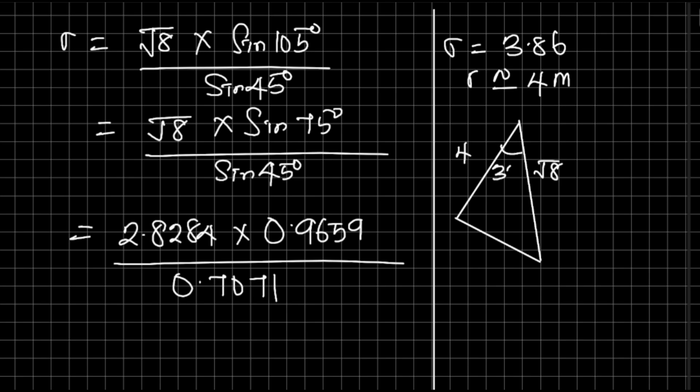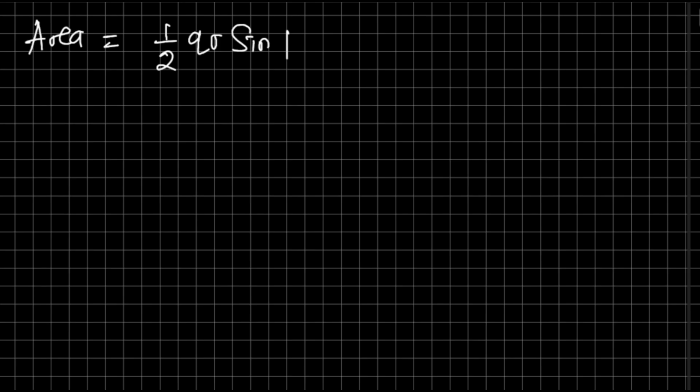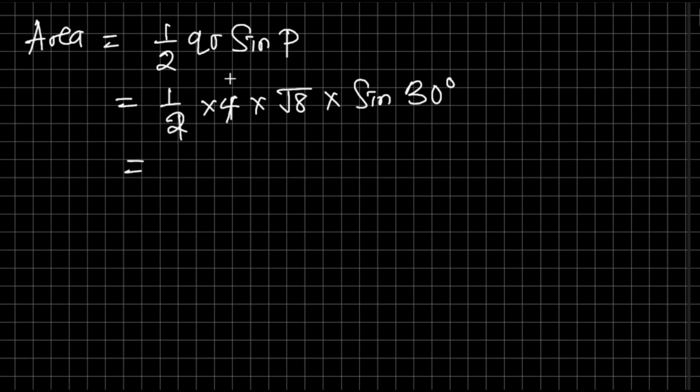We are going to use the included angle P. So the area of the triangle equals half QR sine P, which is half multiplied by 4 multiplied by root 8 multiplied by sine 30 degrees.